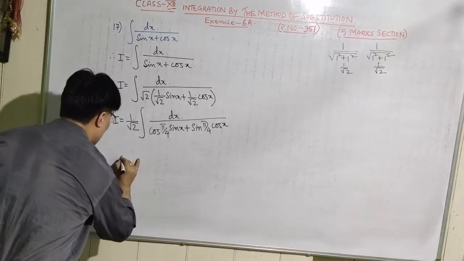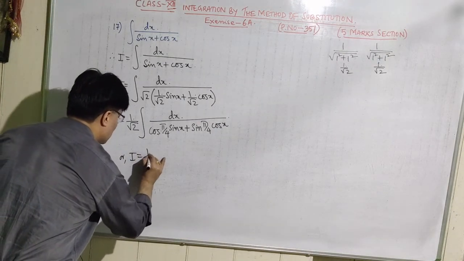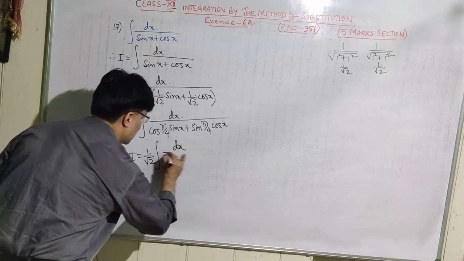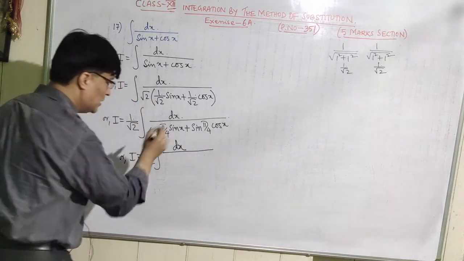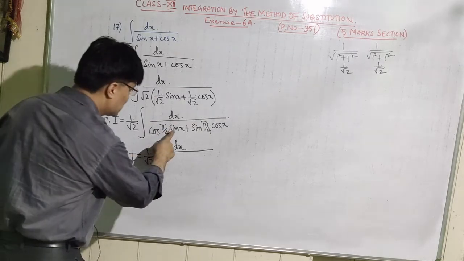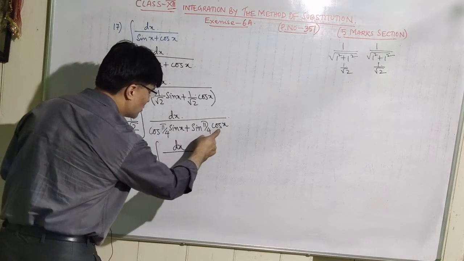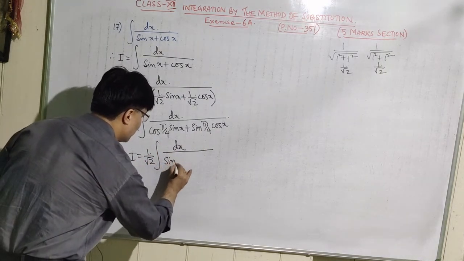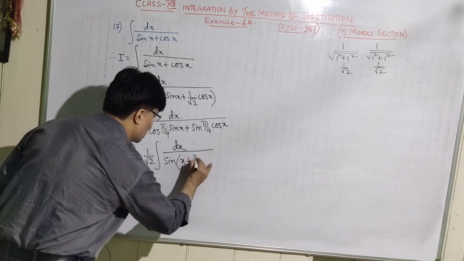Okay? So I is equal to 1 upon root 2 integration of dx divided by. In the denominator, what is the formula that you can use here? It is sin a cos b plus cos a sin b. What is the formula? Sine of a, meaning x, plus what is b?